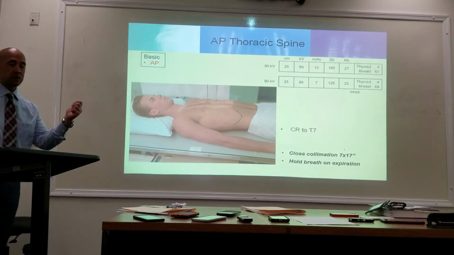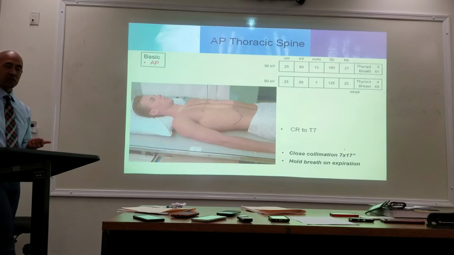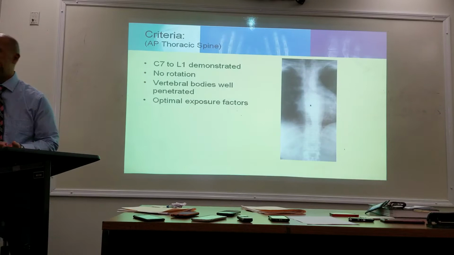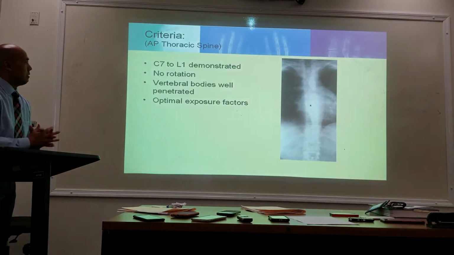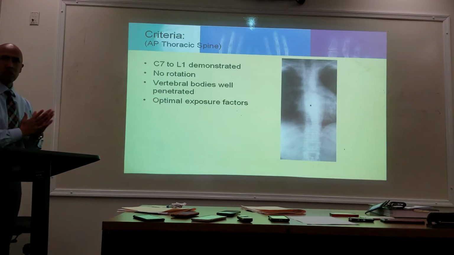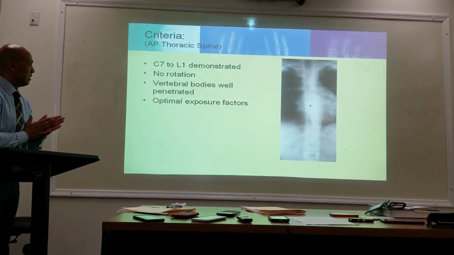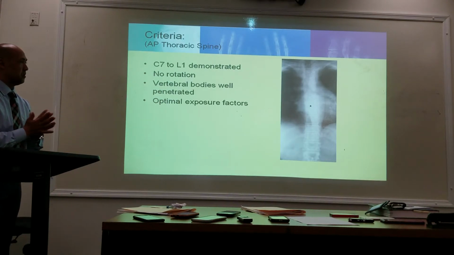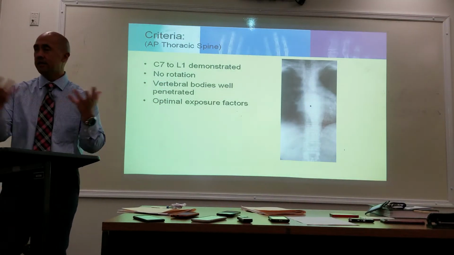So the exposure is going to be done on expiration. All right, so C7 to L1 should be demonstrated. Vertebral bodies are well penetrated with optimal exposure factors. Okay, that's it.